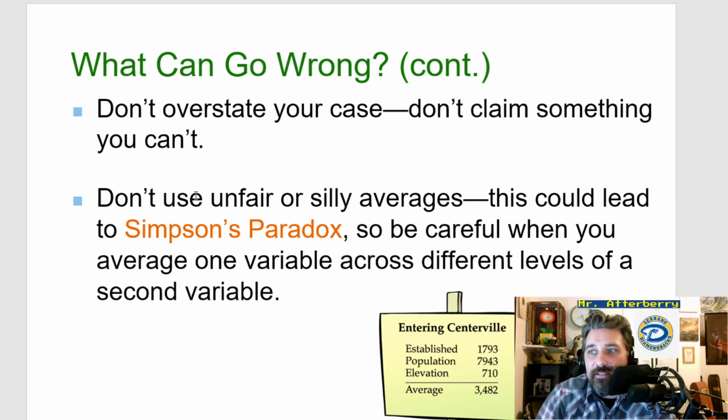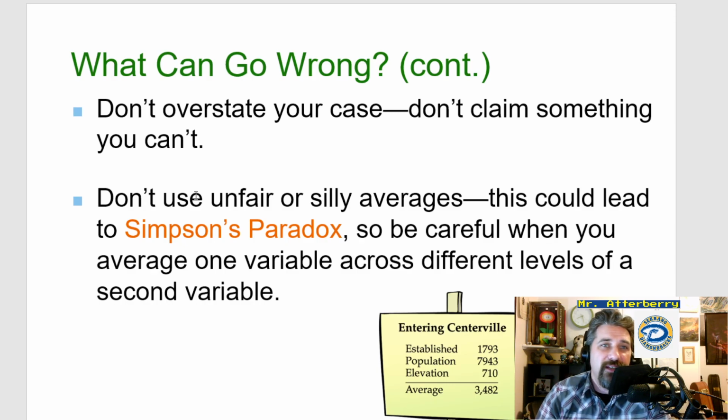That average height might be like 4.5 feet. There might be people out there and no one is 4.5 feet. What's the issue? You have one group that's all over 5 feet, since most adults are over 5 feet tall, and then you have these little kids who are all about 4 feet.